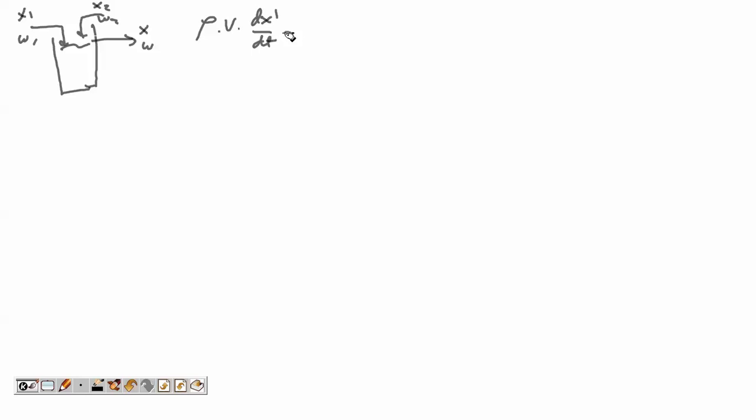For our case, the derivative equation is like this.